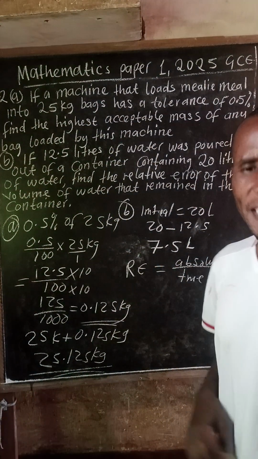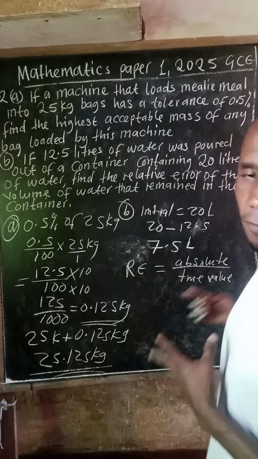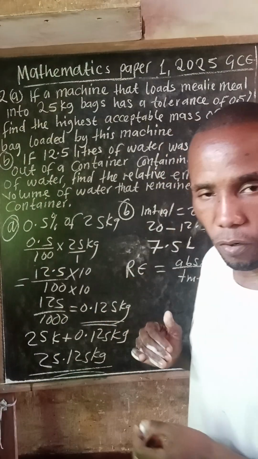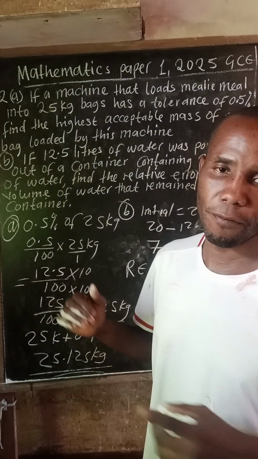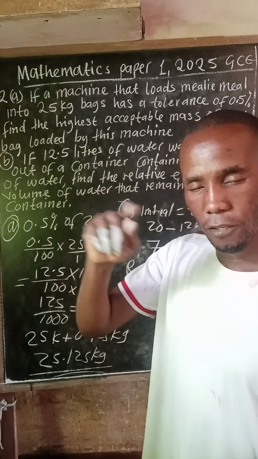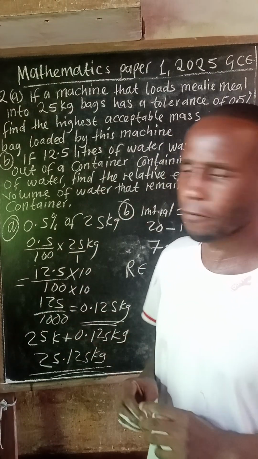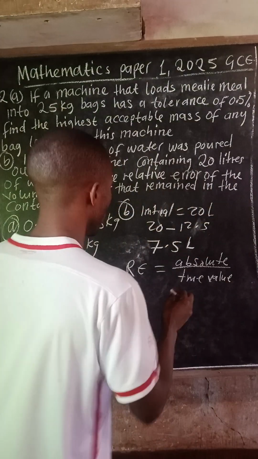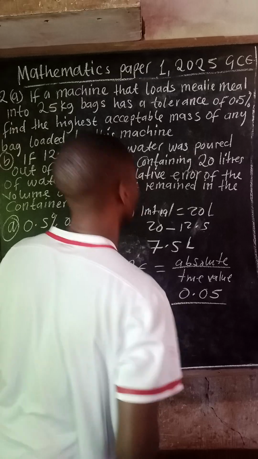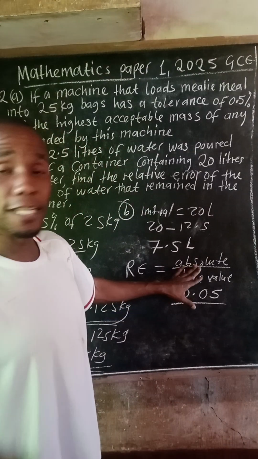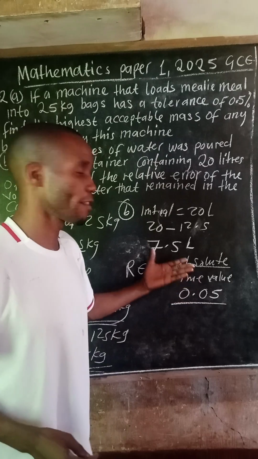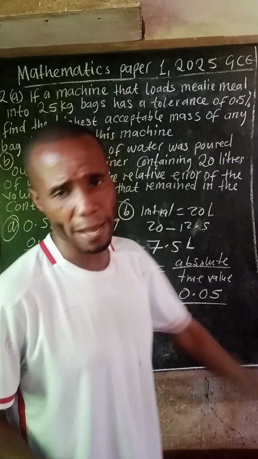So 0.1 times 0.5, because it is always given as n over 2, or 1 over 2, which is 0.5. So we say 0.1 times 0.5, the answer is going to be 0.05, which is the absolute error.